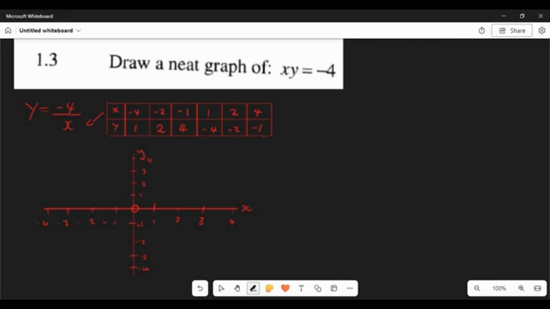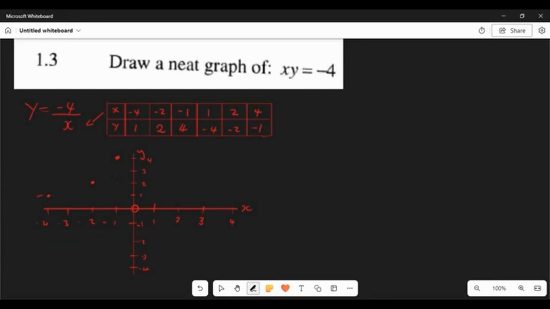So you draw a line, and wherever they intersect, this is going to be our point there. When x is negative 2, our y is going to be positive 2. So you draw a line like that, and wherever they intersect, this is going to give us our point there. And when x is negative 1, yes, our y is going to be positive 4. Draw a line here, and wherever the lines intersect, that is going to be your point.